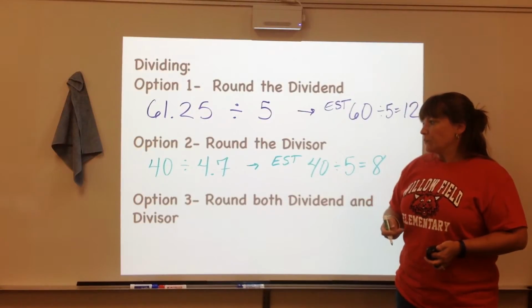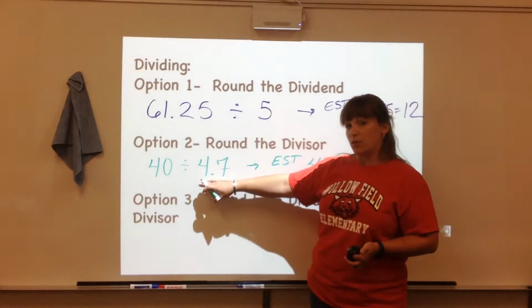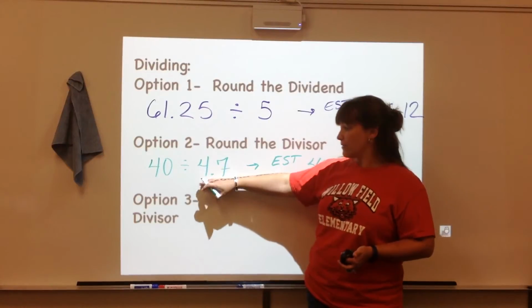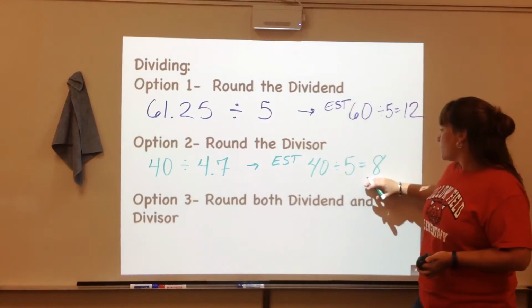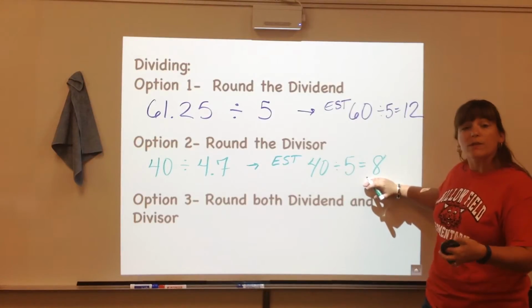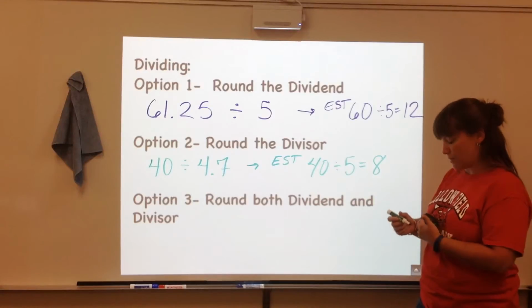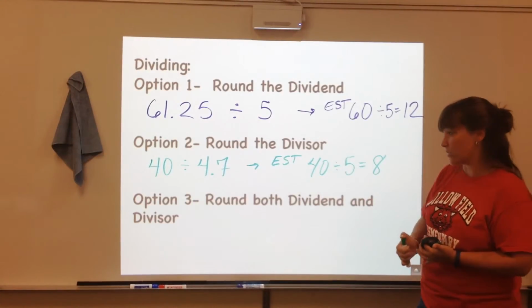Now, just a little note here, if you had, for instance, rounded this down to 4 instead of up to 5, you still could have gotten an estimate of 10. Notice 8 is going to be closer to the real answer than 10 would be. So just be careful when you're estimating.